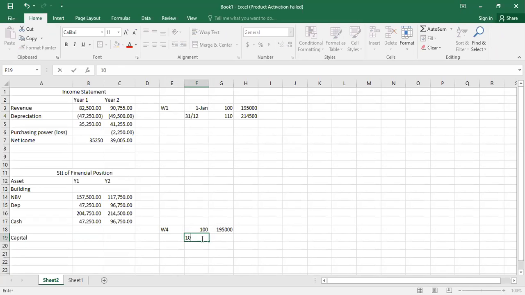So what about us at the end of that year? What will it give us? It will give us 204,750, isn't it? As at the end of the second year, our assets were still valued at 195. Are you seeing? 105 plus 90. Are we there?